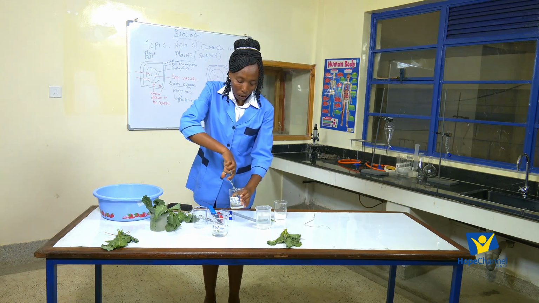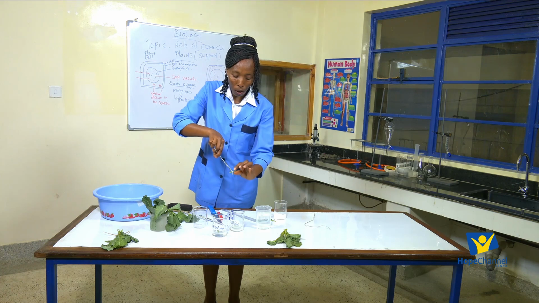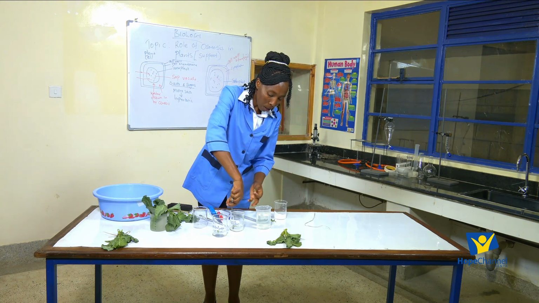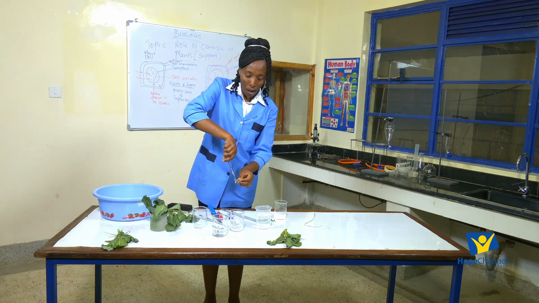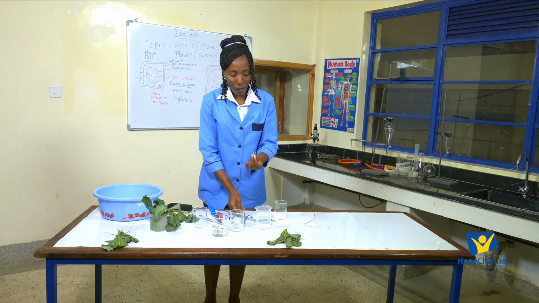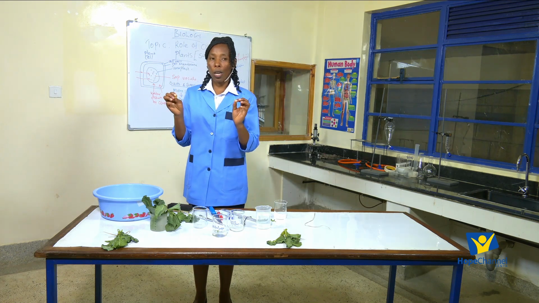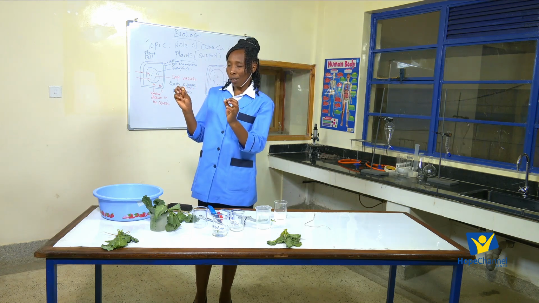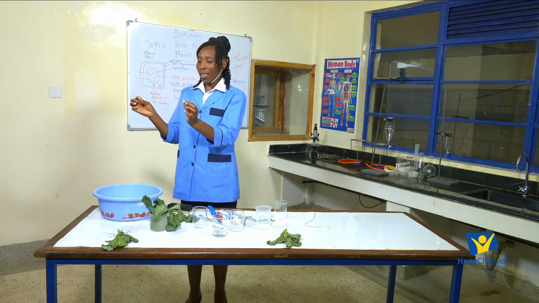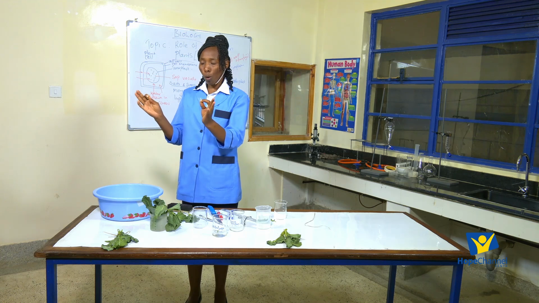So I'll take all of them. So I have this one. We want to see if there is a difference. Both are in salt solution, and we want to make observations. Our observation, we are going to base it more on the sense of touch. If I touch and feel, I think this is something that you can do even at home.